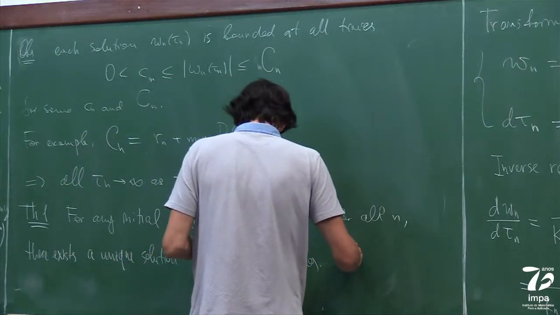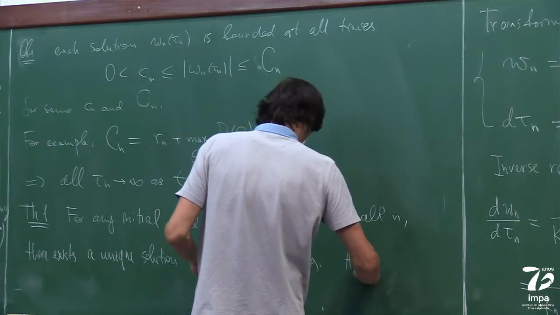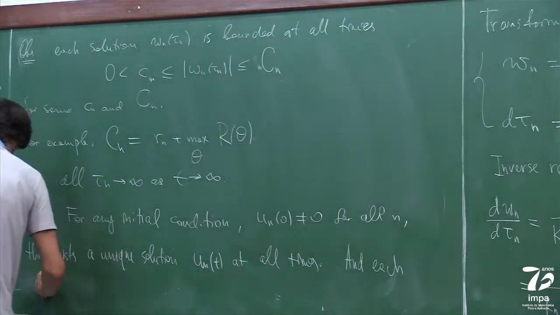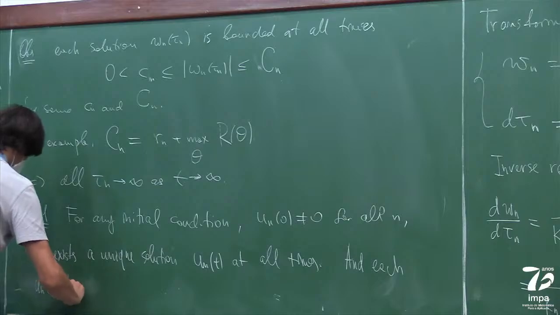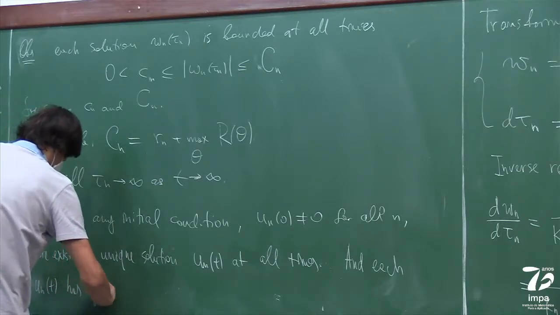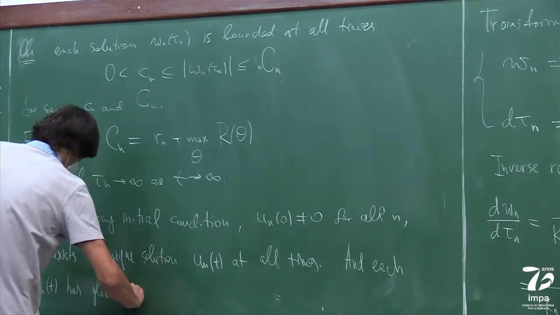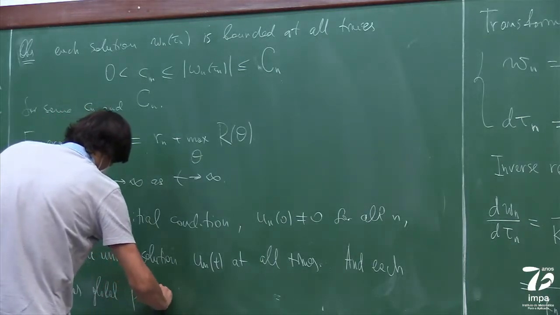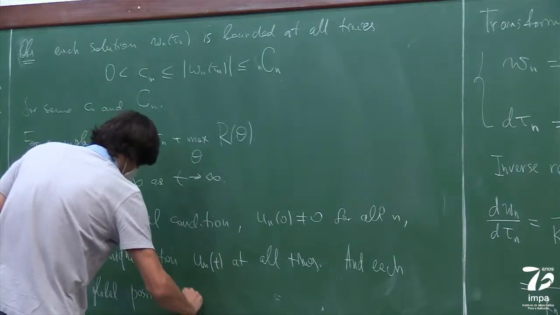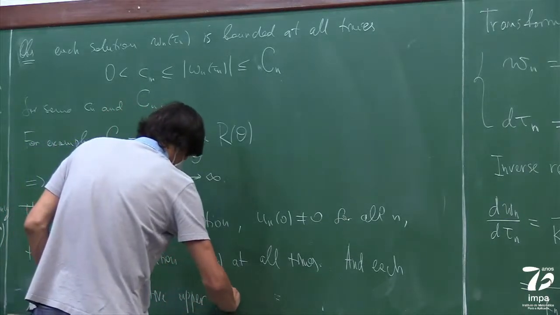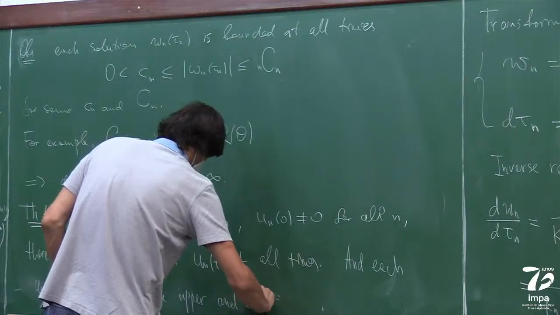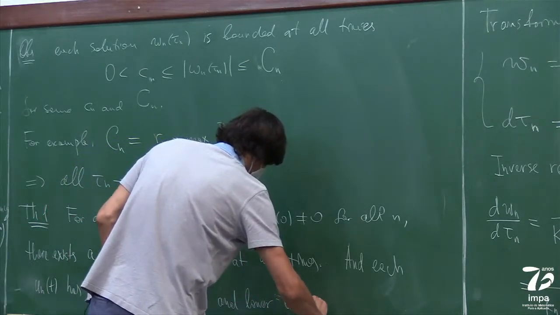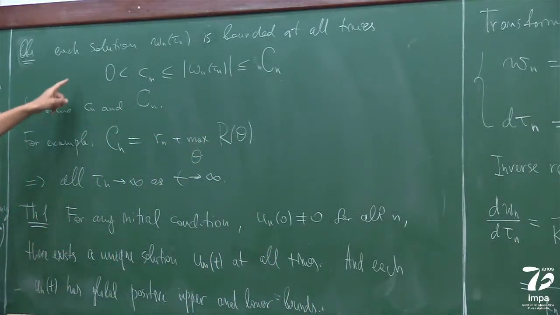And each un has global upper and lower positive bounds, what we just showed here.